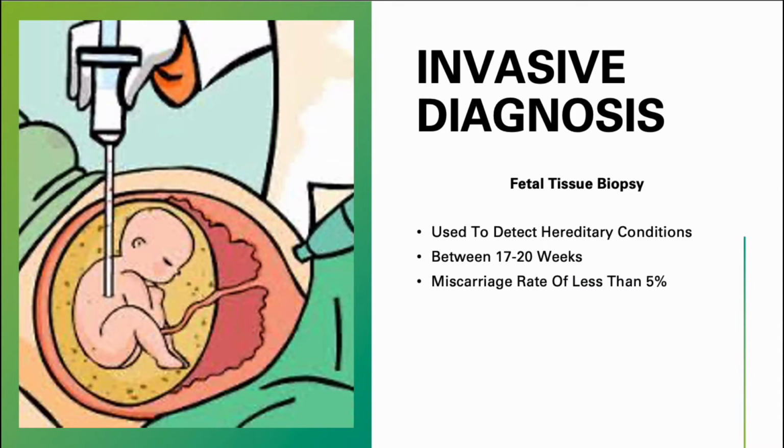Aside from that, there's a risk of bleeding, where the bleeding won't stop. Now, if you go to an experienced center, the incidence of a miscarriage, a fetal loss from the skin biopsy, is reported to be less than 5%. So again, everything comes with a risk. Everything has its risk.